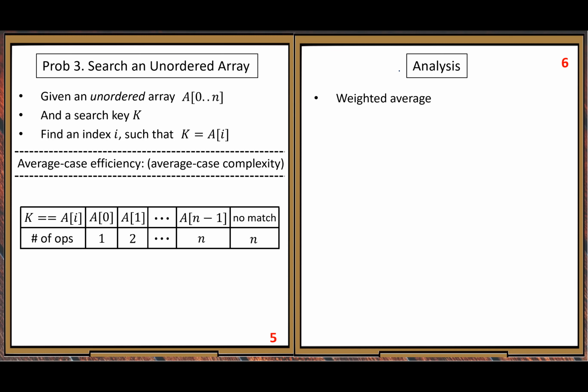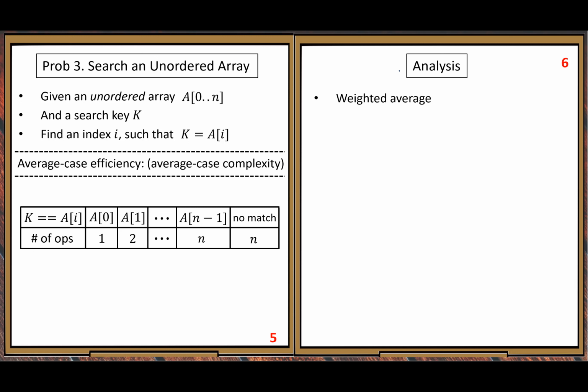We will choose appropriate weights when we consider all the cases. The weights could be different, not always the same. So in our current question, the weights could be different.